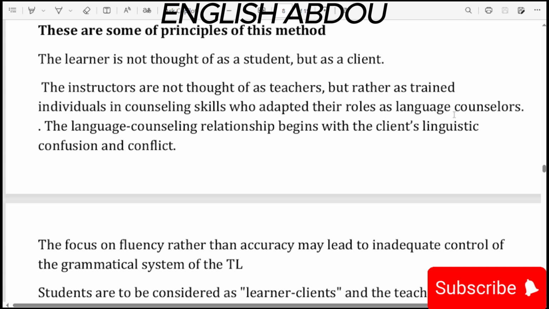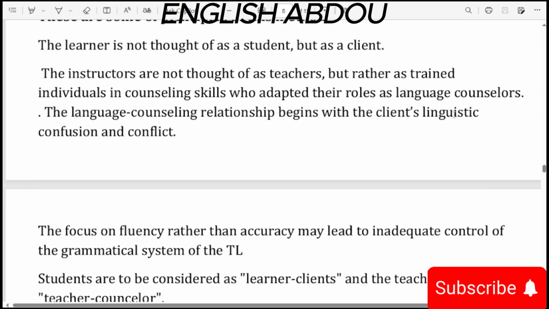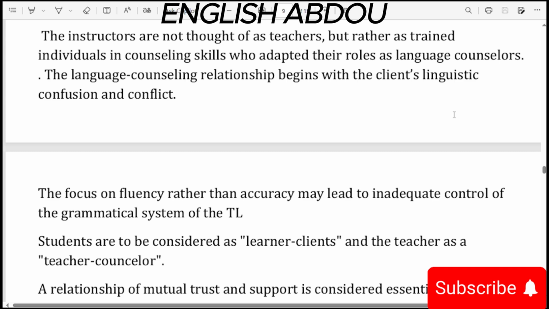The instructors are not thought of as teachers, but rather as therapists, as counselors, individuals with counseling skills who adapted their roles as language counselors. The language counseling relationship begins with the client's linguistic confusion and conflict.